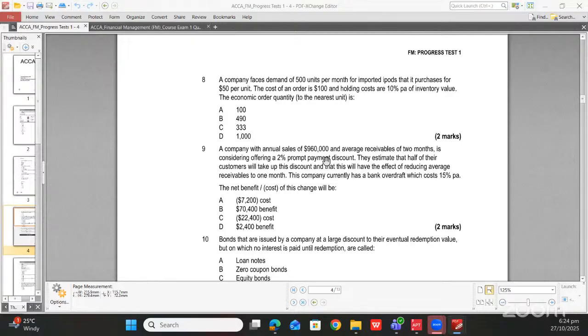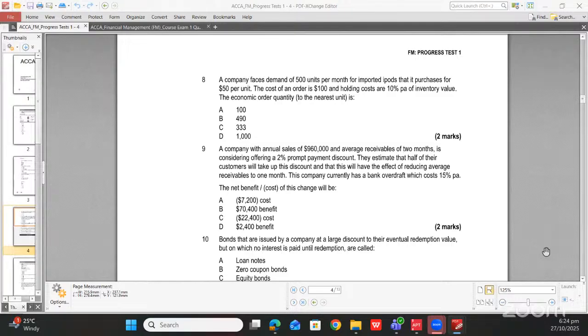Now, they told you that their annual sales is 960,000. So they are anticipating that their receivables are going to reduce by 1 month of that. 1 month of 960,000 is 1 over 12 times 960,000, which would mean that the receivables are going to reduce by $80,000. That's what they anticipate.